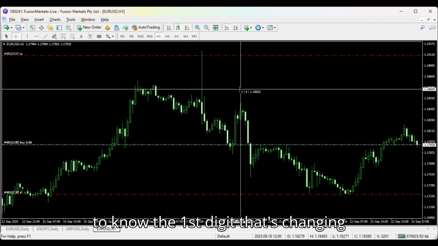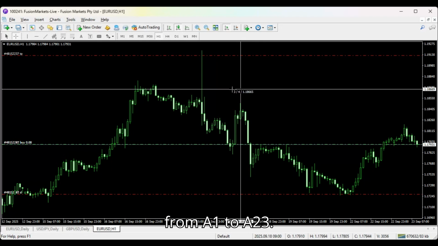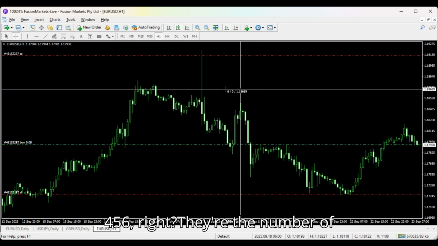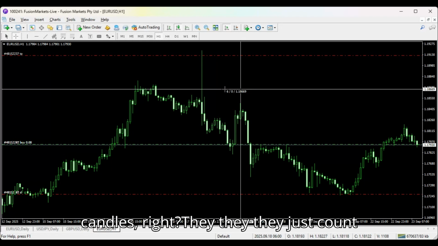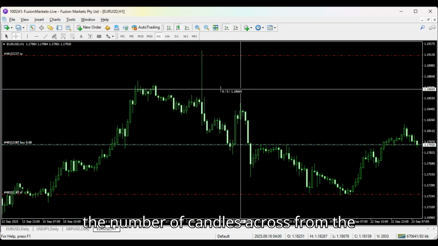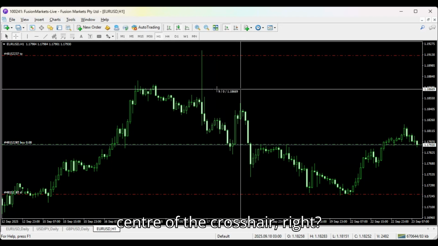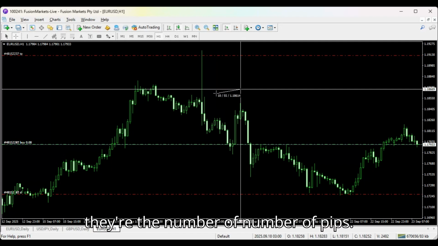If you want to know the first digit that's changing from a 1 to a 2, 3, 4, 5, 6, they're the number of candles. This counts the number of candles across from the center of the crosshair. If you move down, they're the number of pips.